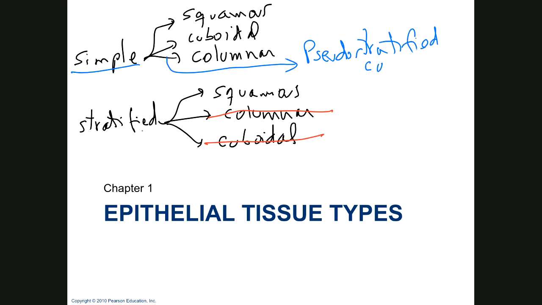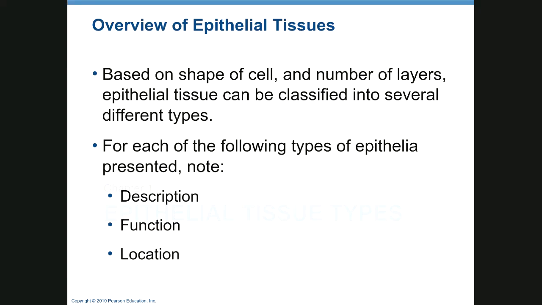So a modification of the simple columnar epithelium is pseudostratified columnar epithelium. On the stratified group, we're going to add another stratified tissue that doesn't quite follow the rules, called transitional. And it doesn't follow the rules because it does not have squamous, columnar, or cuboidal cells. It actually has round cells. So we eliminate two, we add two. Okay. So those are the tissues we'll be covering in the chapter for epithelial tissues.